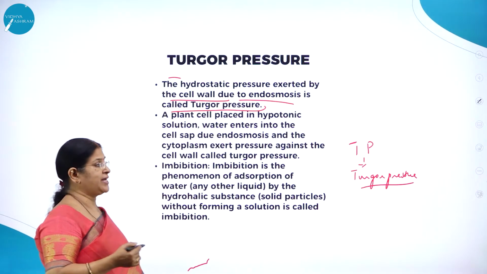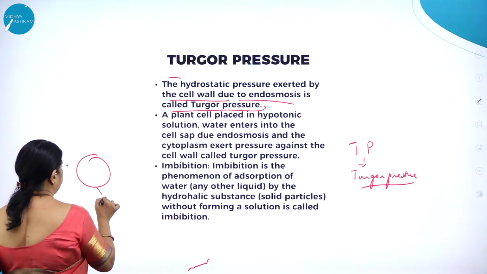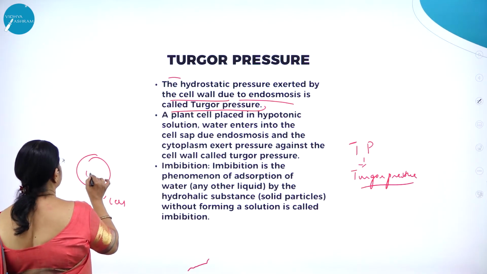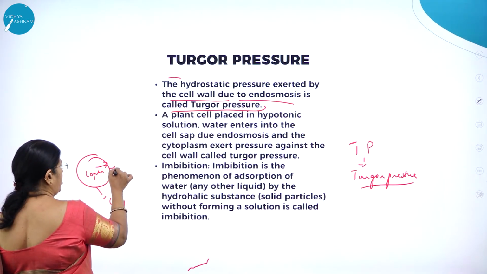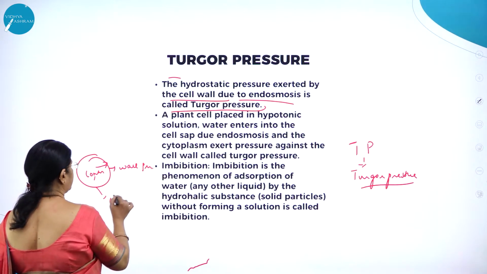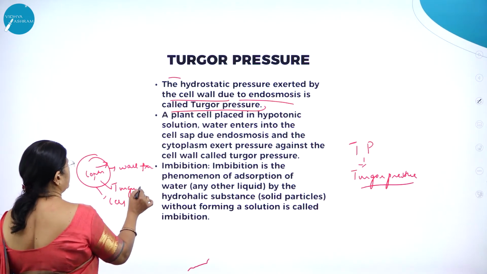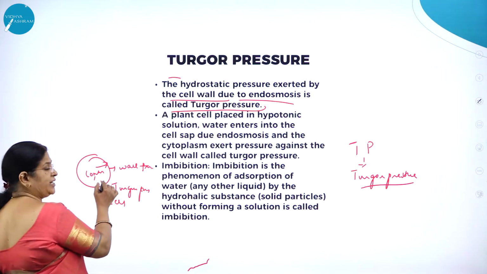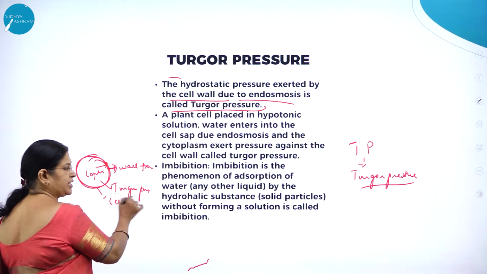For example, this is the cell. The contents of the cell exert pressure on the wall, and this is called turgor pressure.